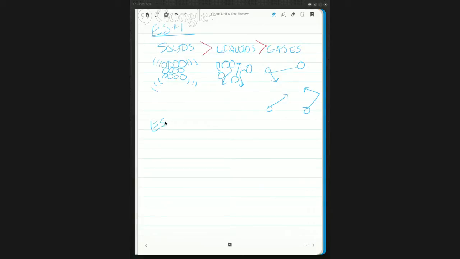Then essential skill number 2 is biological molecules. I'm just going to write bio molecules covalently bonded. Now we're not going to ask it quite so simply. What we're going to say are things like, okay, here's a list of molecules: CO2, H2O, NH3, C6H12O6, O2.